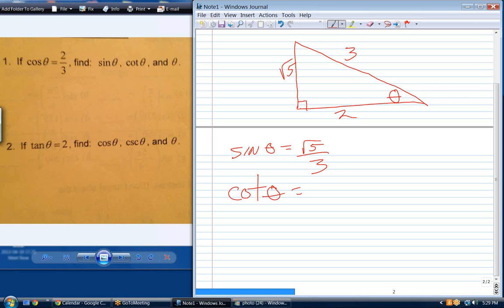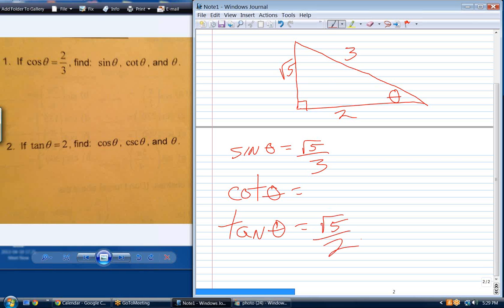What's the tan of theta? It's sine of theta over cosine of theta. You should know what the tan of theta is all by itself. Here's theta, here's the triangle. It's opposite over adjacent, so the square root 5 over 2.